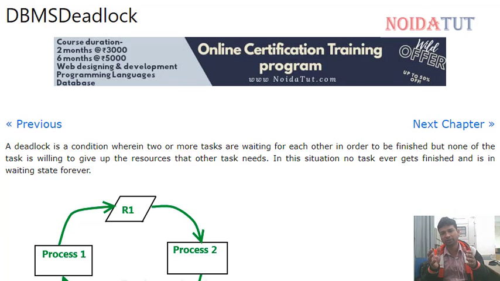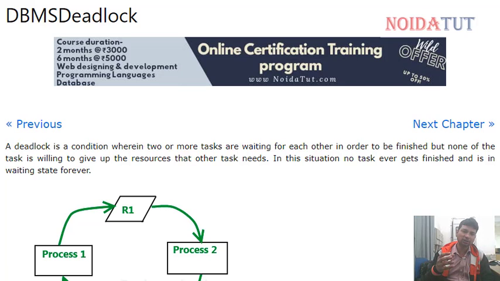Deadlock is a situation in the system when the system gets hanged, the resources are less, and the requests that the system handles are higher than the resources in the system.